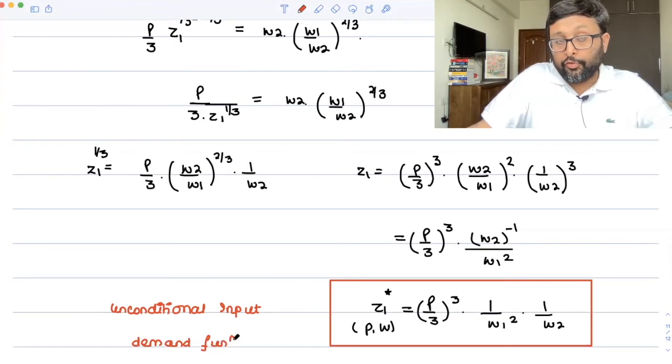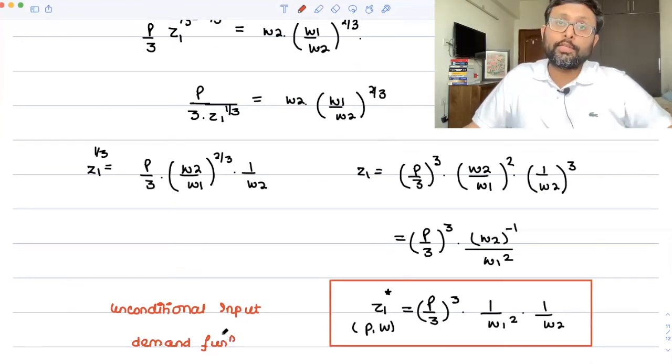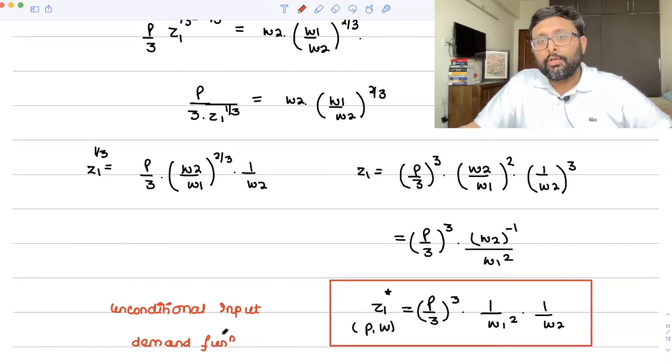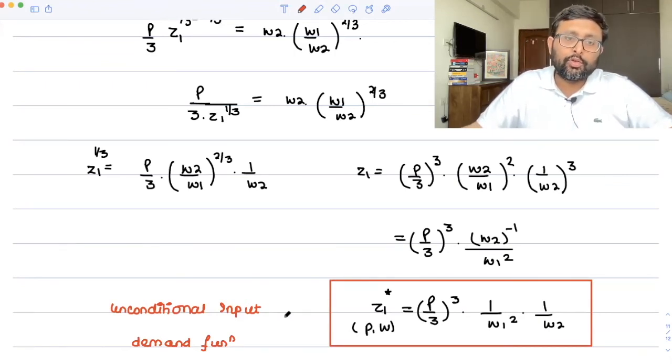So if you remember, in the cost minimization exercise also, we found the input demand functions for labor and capital. But those were conditional input demand functions. Now, these are unconditional input demand functions, right? So they were conditioned upon achieving a given level of output. So these are unconditional input demand functions, functions of output price and input prices.